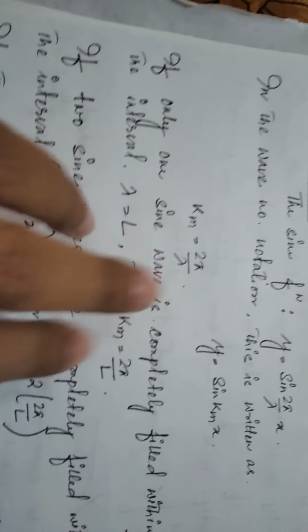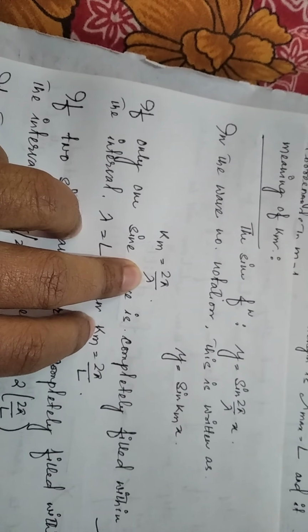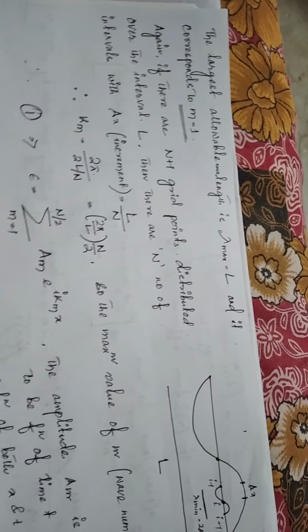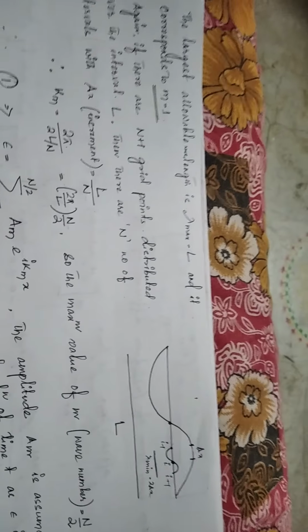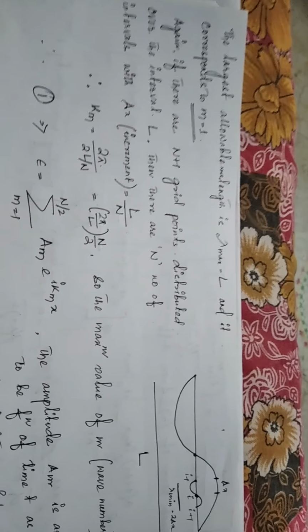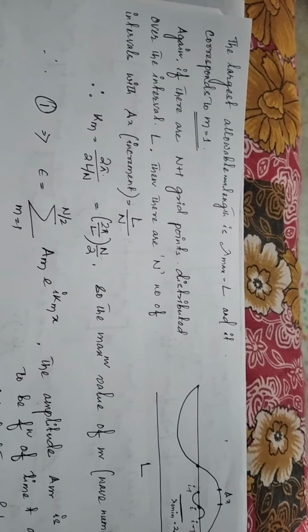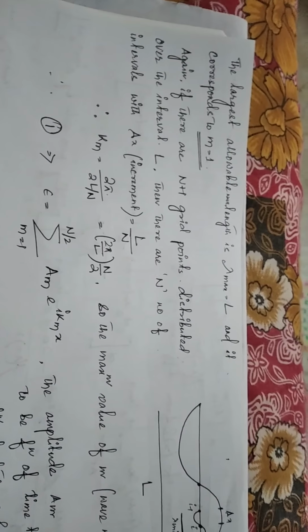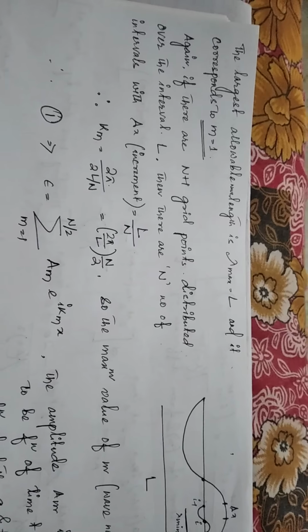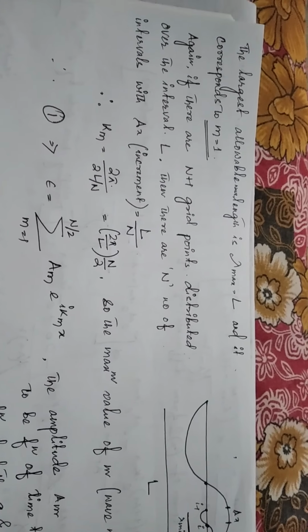If your lambda equals L, there is only one wavelength, so the value of m will be 1, because m represents the number of waves. If the maximum wavelength is of length L, there is only one wave of wavelength L, so your m will be 1. So the minimum value of m must be equal to 1.